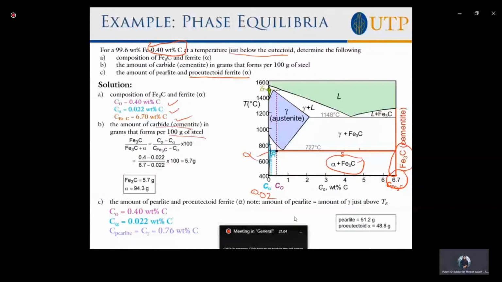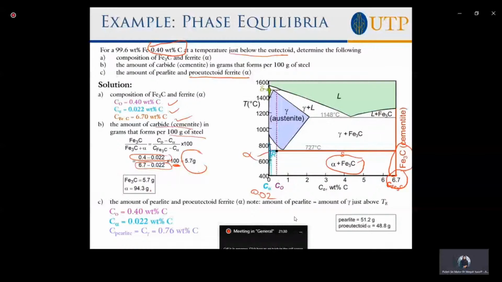So you have to take the opposite distance R. What is R? R is actually 0.4 minus 0.022, divided by the total length of the tie line from this end to that end, 6.7 minus 0.022. Times 100 grams, you get 5.7 grams of cementite.